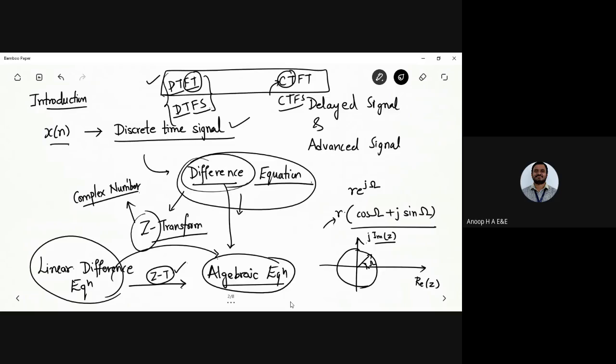Coming to the major aspect here, if I model it in terms of the algebraic equation in the Z domain, this algebraic equation will be expressed in Z. For any discrete time signal, if I want to apply the Z transform, it will be an algebraic equation in the Z domain itself.